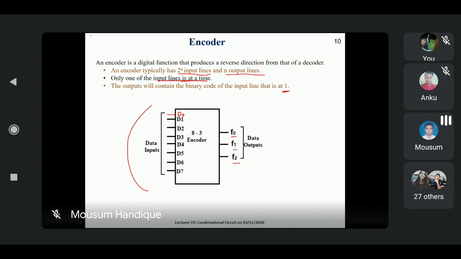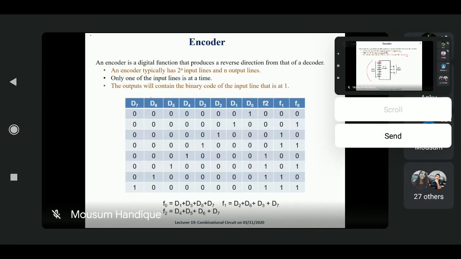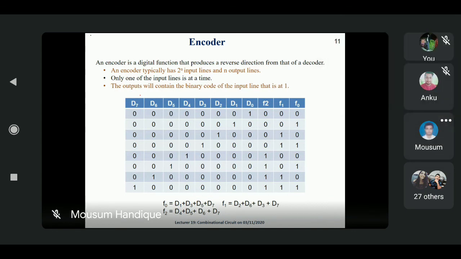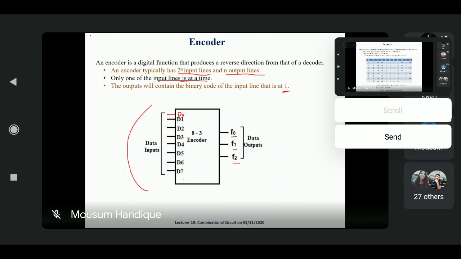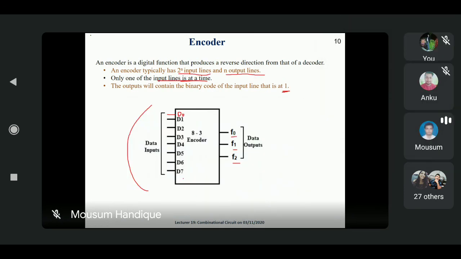This is called the data inputs. In some books it is called data inputs, or you can say the normal inputs of the encoder, and this is called the data outputs. So this is the diagram of an 8 to 3 encoder, not a decoder, it is an encoder. Here we are using the behavior of this particular circuit, the 8 to 3 encoder.